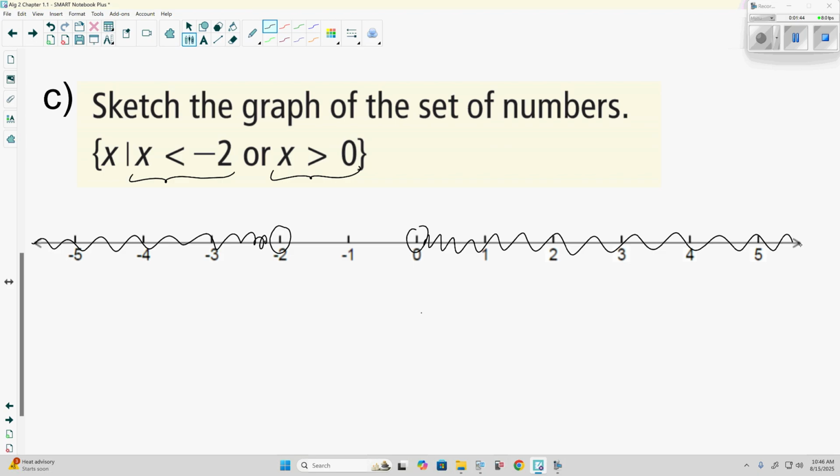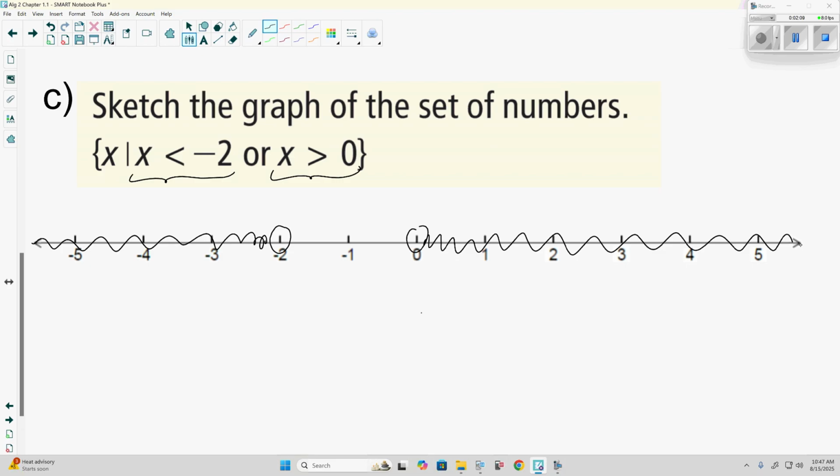Now the ones that we do have to be careful with are our and statements. And is normally when we have x in the middle. If x is in the middle, we're fine, we shade. The and statements with inequalities we have to be careful of are ones that look like this one here, but instead of having or between the two statements, it has and. Because we got to make sure that it does overlap. And has to have something in common.